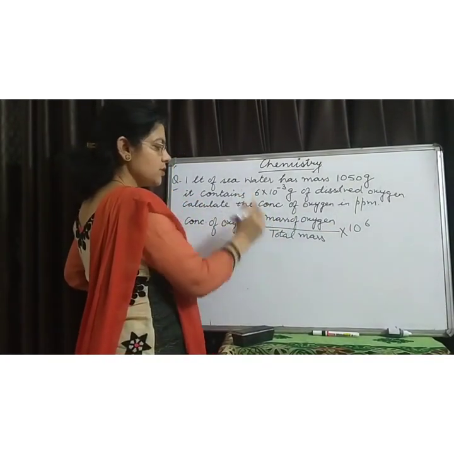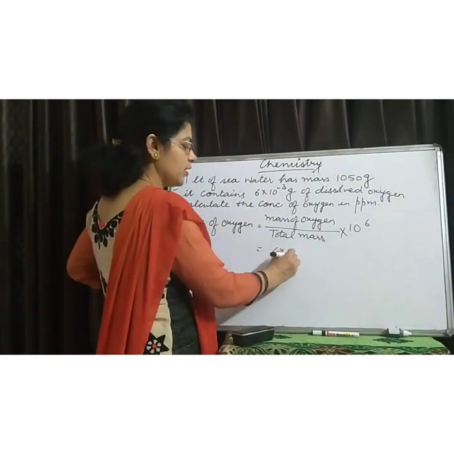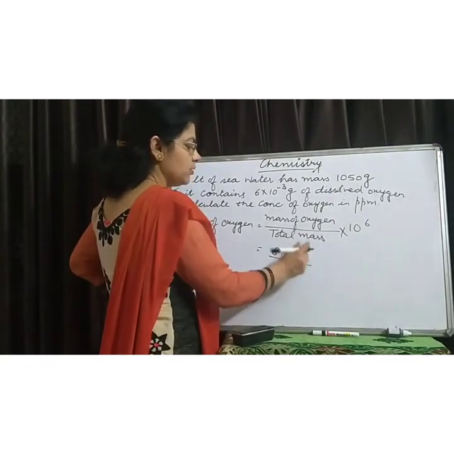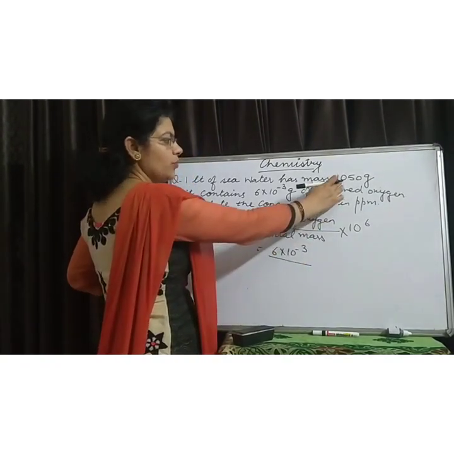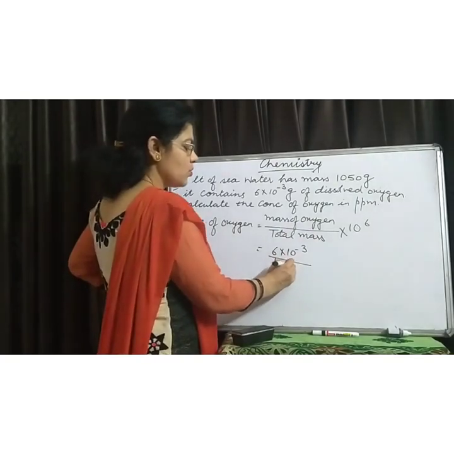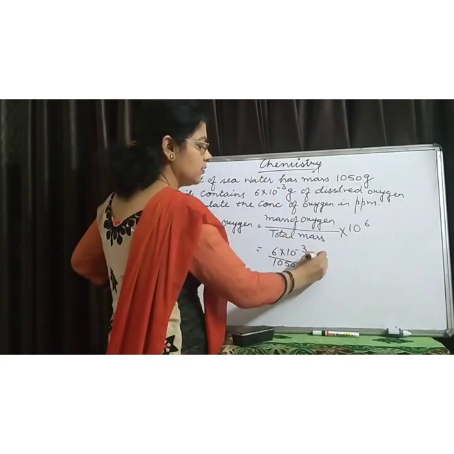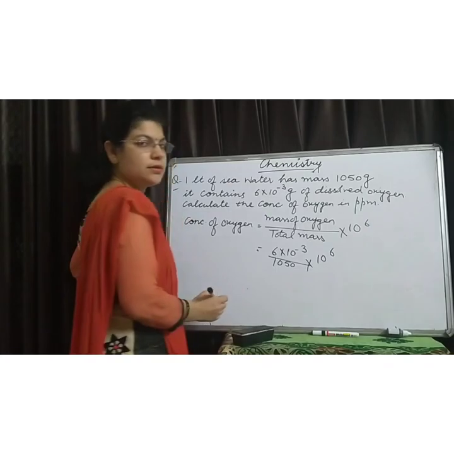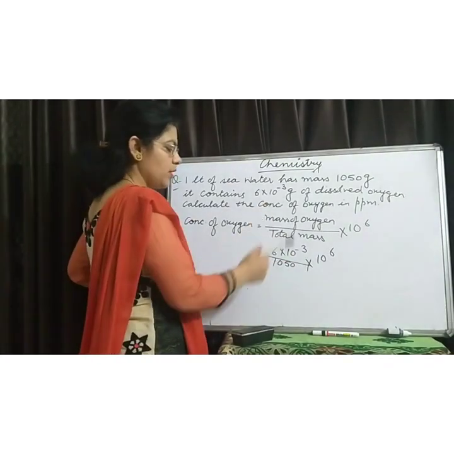Here mass of oxygen is 6 into 10 raised to power minus 3, and the total mass of the solution is 1050, and multiply these terms by 10 raised to power 6.